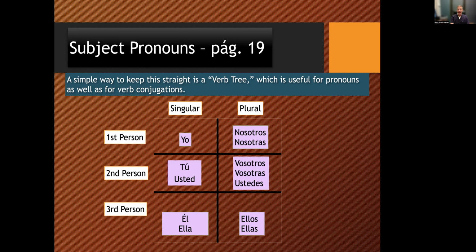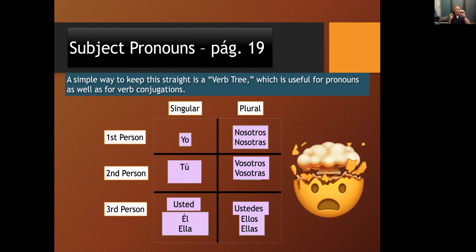Now, I want to show you something really cool. In your classes here at ISU in Spanish, we are going to let you see that even though usted and ustedes is a second person form of talking, you're talking to somebody formally, the verbs are conjugated in the third person.